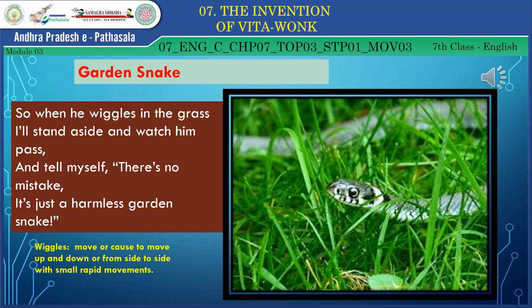The young child loses his fear now and decides that next time when he encounters a snake, he will stand aside and make way for the garden snake to pass. So, this is the poem Garden Snake. Here, wiggles means move or cause to move up and down or from side to side with small rapid movements.